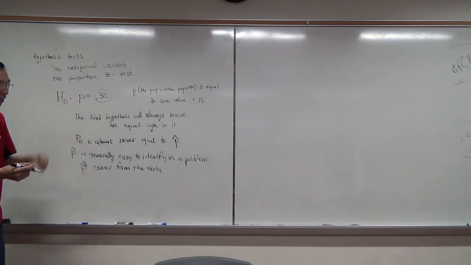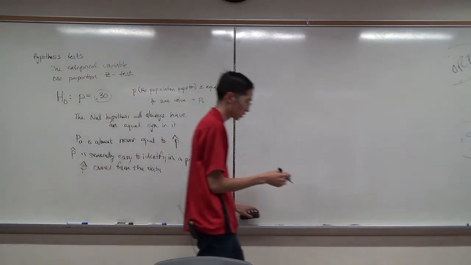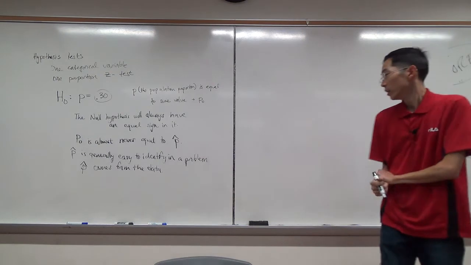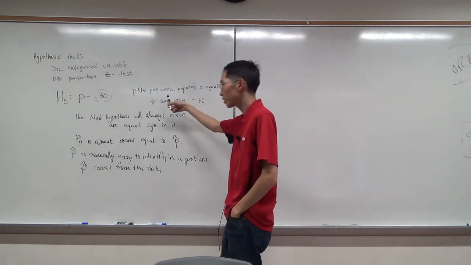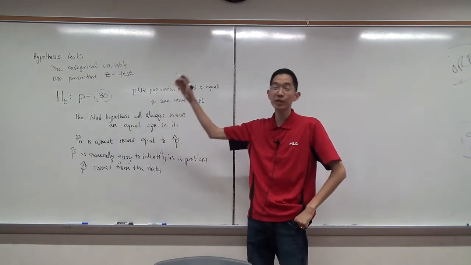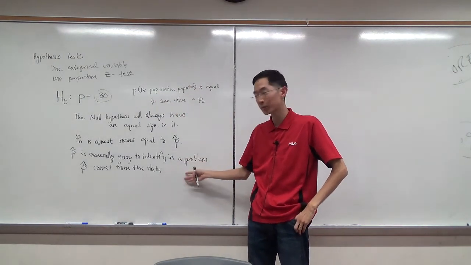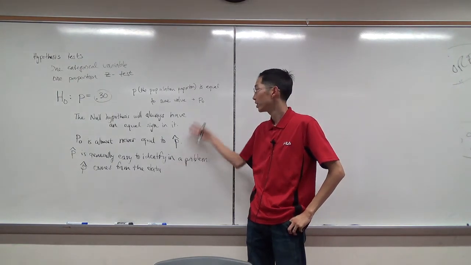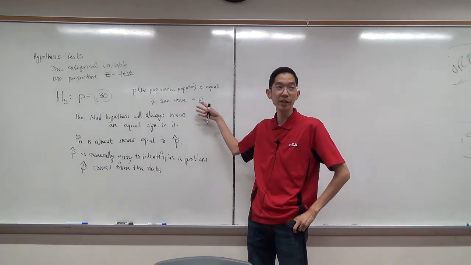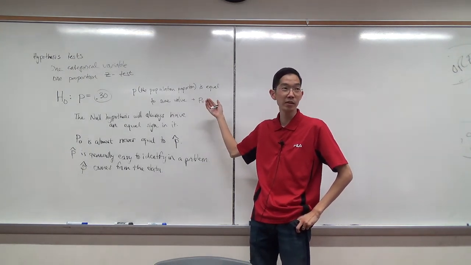Very rarely will you have p equal to p hat. As you go through a problem, usually there will be two proportions listed. One proportion is your p hat, and the other proportion is going to be your p0. And that's the number you would use in your null hypothesis.